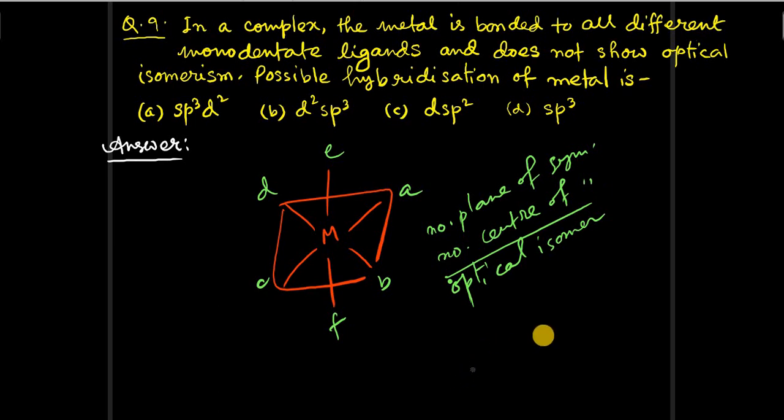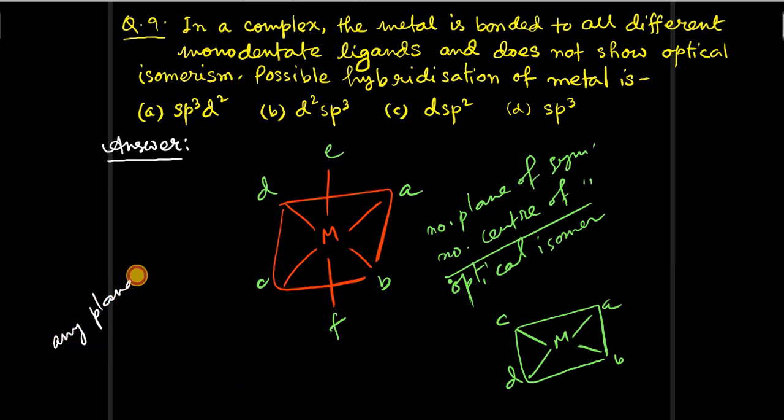Now for dsp2, you know this is a square planar complex. Initially it may look chiral, but remember, any planar molecule in this world is optically inactive. Why?